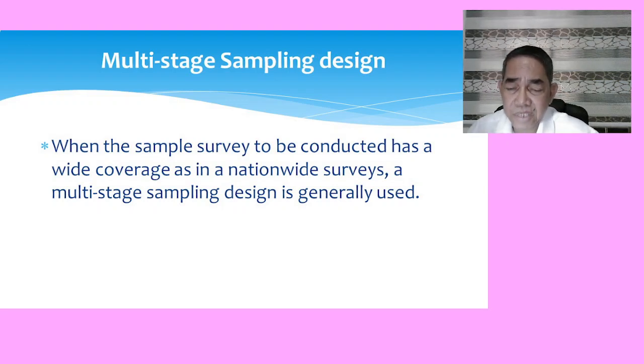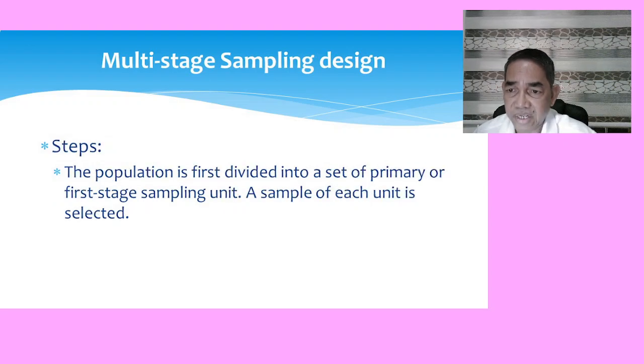This brings us to the multi-stage sampling design. When the sample survey to be conducted has a wide coverage, as in a nationwide survey, many times a multi-stage sampling design is used. These are the steps. The population is first divided into a set of primary or first stage sampling units, and a sample of each unit is selected.